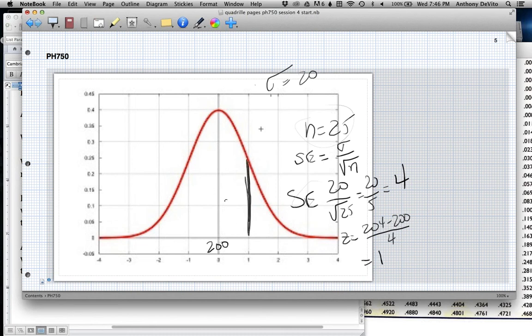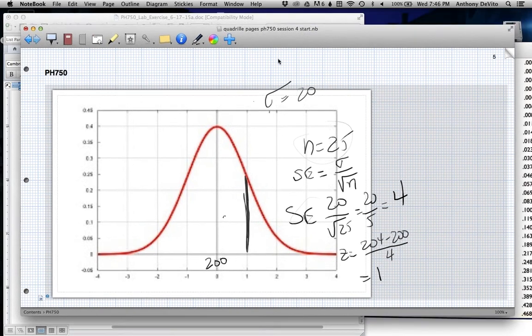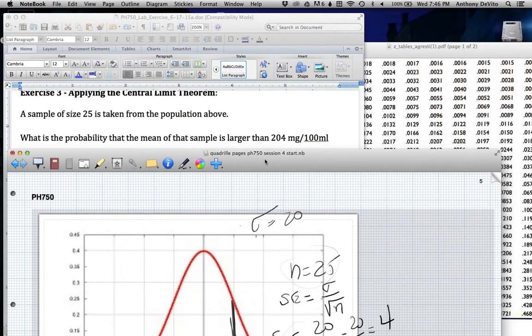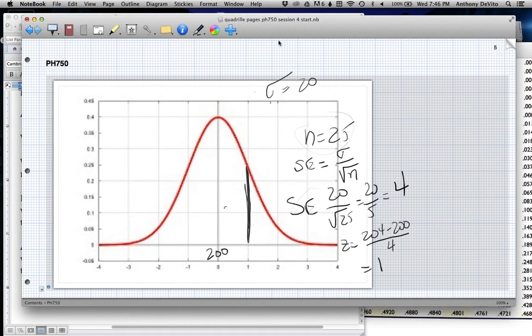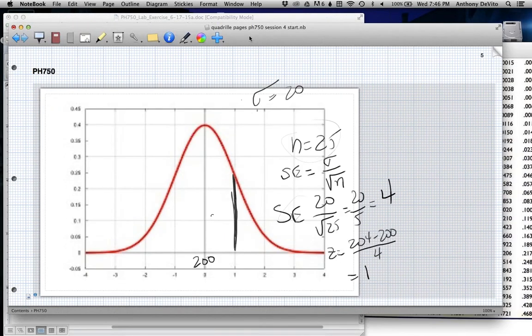Right? So if we take a sample of size 25 from the population in the previous example, the probability that the mean of that sample is going to be greater than 204 is the area here in this new distribution that's specific to samples of size 25.